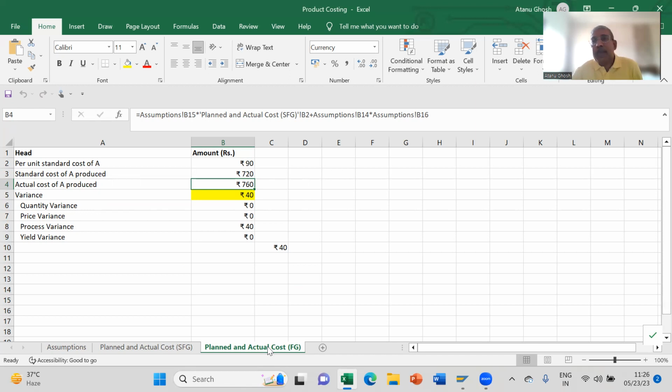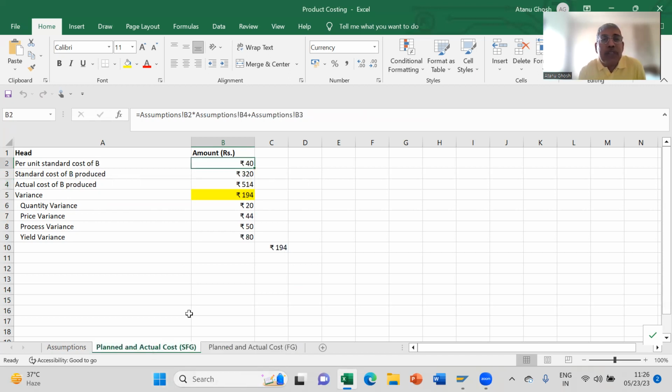One argument can be that for the actual cost of B consumed, how many units of B have been consumed? 8 units. 8 units multiplied by the actual cost of B. Actual cost of B for 8 units is 514, which was there in the previous process. So it can be the actual cost of B consumed.